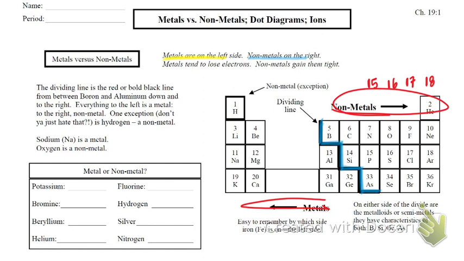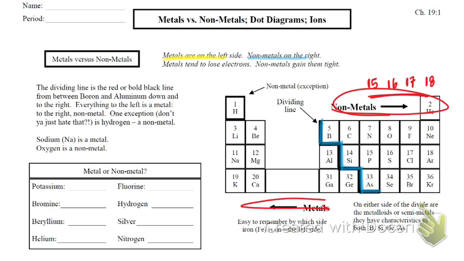So if they have more, it's going to be easier to fill up their valence electron level than if, like over here, sodium only has one valence electron. It's easier to give chlorine 1 and it to be full than to get sodium 7 to fill it up.